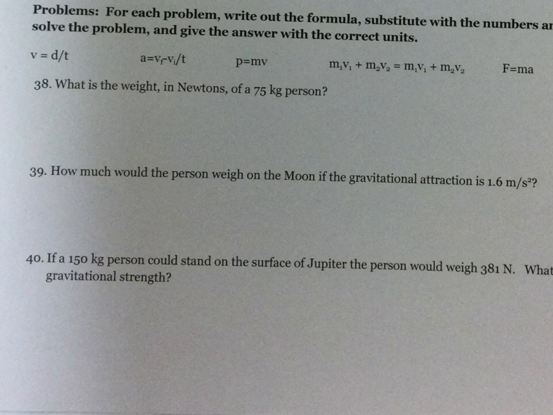Okay, our next question says, what is the weight in newtons of a 75 kilogram person? So here we need to remember that our equation for weight is that weight is equal to mass times the acceleration of gravity. So we're going to take the 75 kilogram person and multiply it by the acceleration of gravity, which you need to memorize as 9.8 meters per second squared.